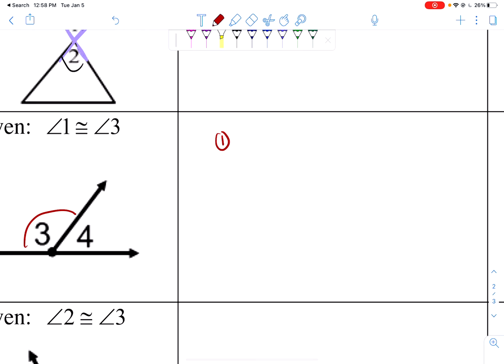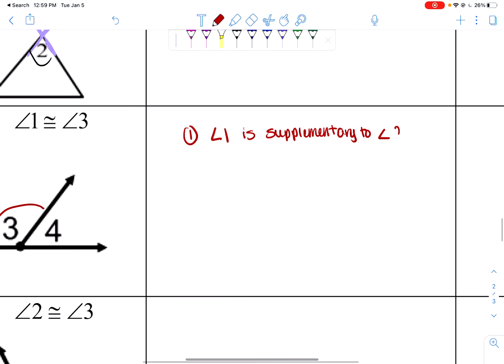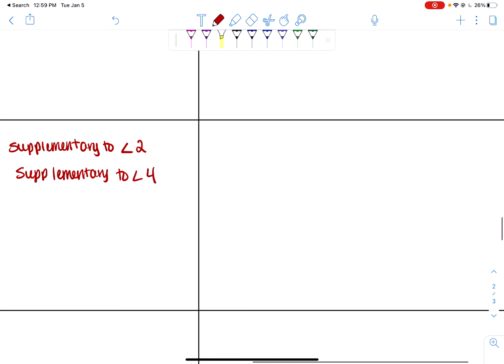So the first thing we can say is angle 1 is supplementary to angle 2, I believe, yes. And then angle 3 is supplementary to angle 4. And the reasoning is linear pairs create supplementary angles.